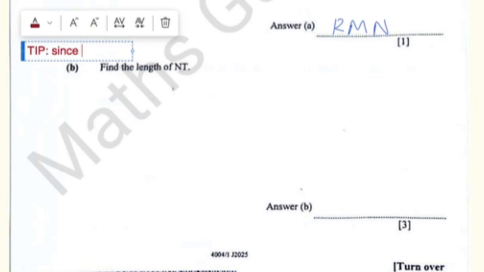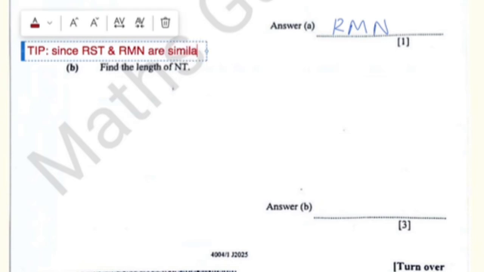Since we've already determined that the 2 triangles RST and RMN are similar, we're going to use the properties of similar triangles to find the length of NT.